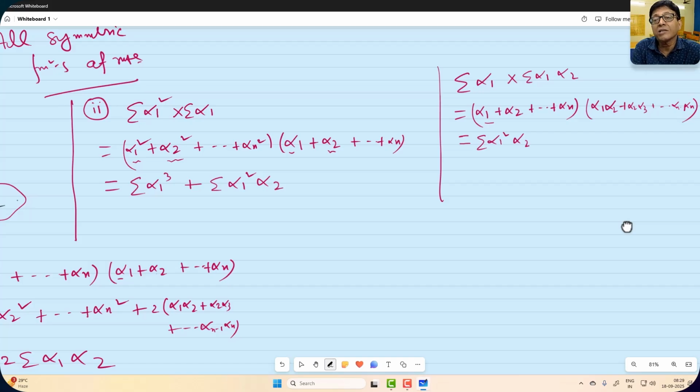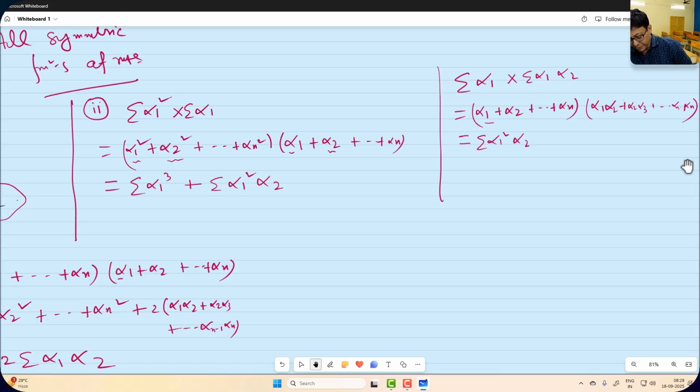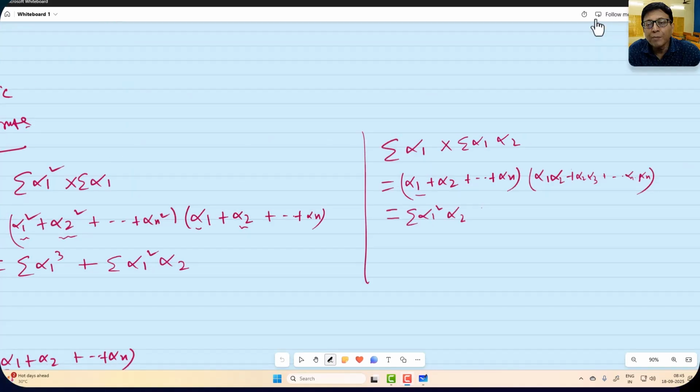But there are terms like alpha 1, alpha 2, alpha 3. Again, alpha 1, alpha 2 and alpha 3. Alpha 3 is there, I did not write it, alpha 3 is there, isn't it? So sigma alpha 1 square alpha 2 is coming as it is, because alpha 2 square alpha 3 will be there, alpha 3 square, all these things will be there. But in addition to that, there is alpha 1 into alpha 2 into alpha 3.